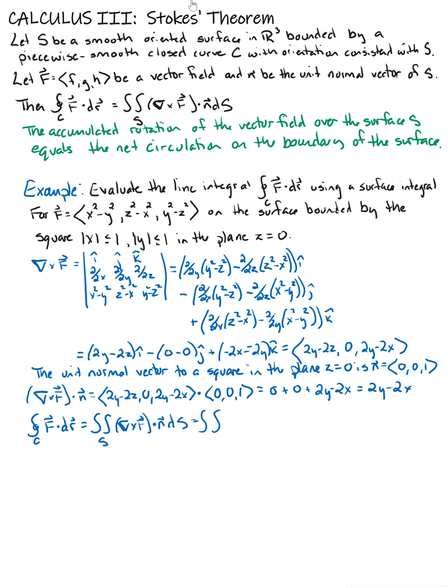Of course, the integrand we just found, that's this right here. But we're going to integrate with respect to x and with respect to y. Those both go from -1 to +1. Again, that's because the absolute value of x is less than or equal to 1 and the absolute value of y is less than or equal to 1. And then our integrand 2y minus 2x, and then we'll integrate with respect to our area, or our surface, which we could do in either order. We'll go ahead and write it as dx dy. You'd get the same thing if you change that order.